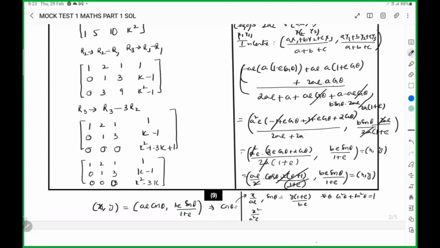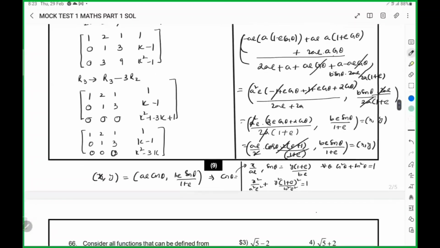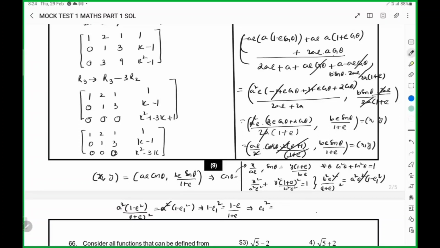So X squared by A squared E squared plus Y squared into 1 plus E whole squared by B squared E squared equals 1. Here B squared is A squared into 1 minus E squared. So E1 squared is 1 minus E squared, and E1 here is 2E by 1 plus E.